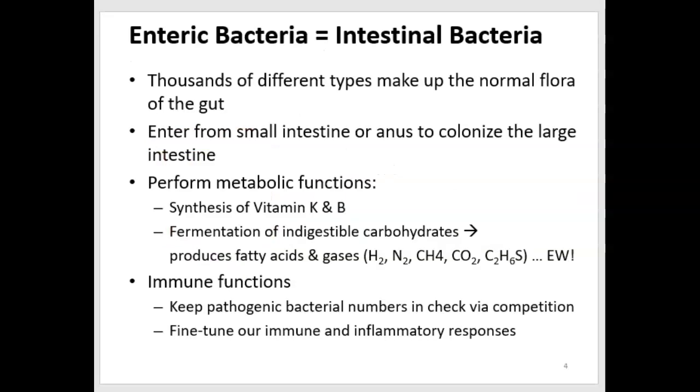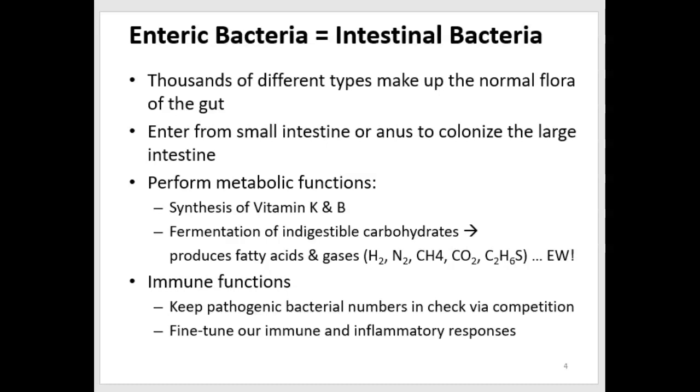So bacteria perform an important role in producing those vitamins, but there is a group of bacteria that we call enteric bacteria that consists of thousands of different types, and these make up the normal flora present in our gut.